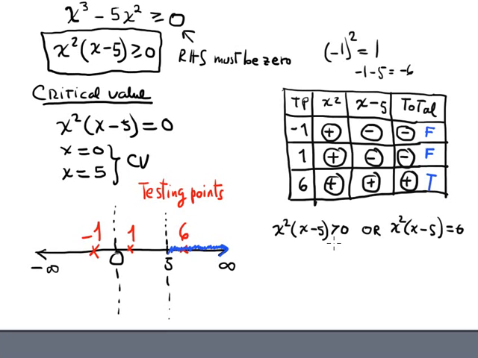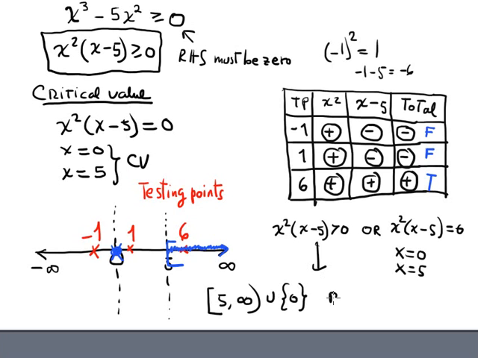The solution for this part is this interval I put in blue, and the solution for the equation is 0 and 5, which are exactly the critical values. That means the solution includes 5, with a bracket here, and includes one extra point, 0. Now the solution set of our inequality is the bracket 5 comma infinity union 0, which is one isolated point, which corresponds with option B.